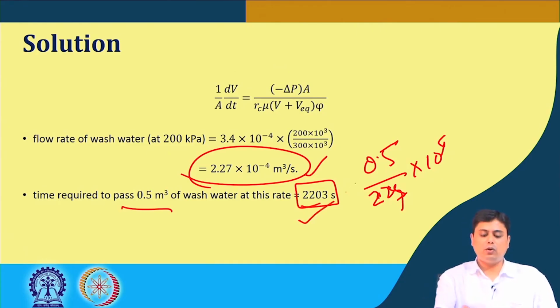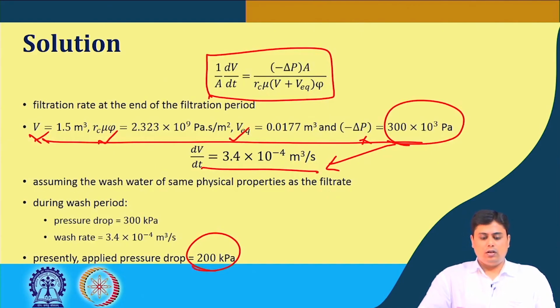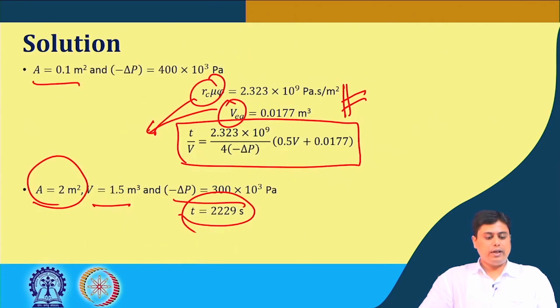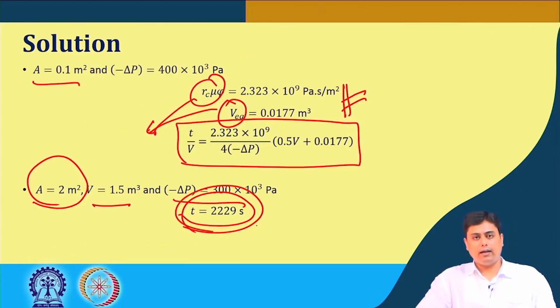So, this is the time required for washing the cake with 0.5 meter cube of wash water at 200 kilopascal pressure drop. This is the filtration rate at 300 kilopascal, and this is for the 2 meter square area, and this is the time required for that filtration.